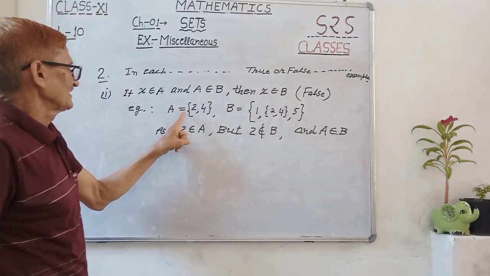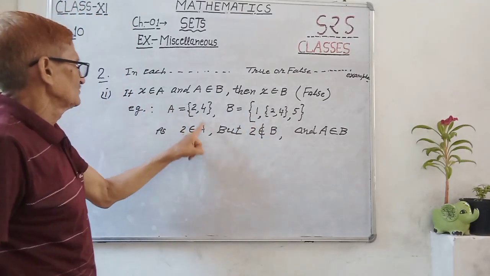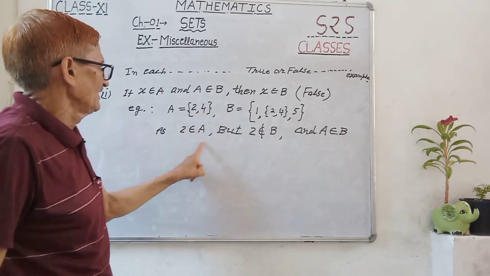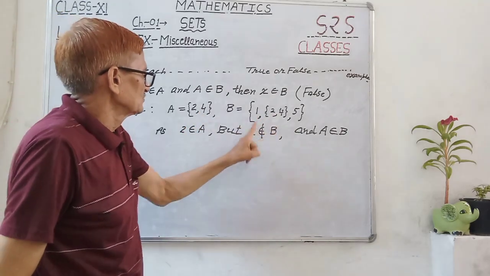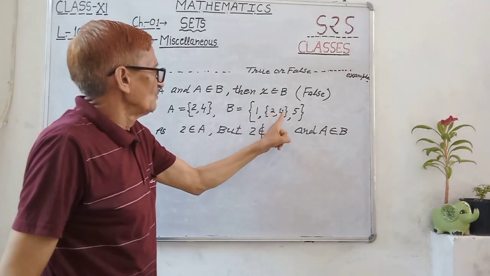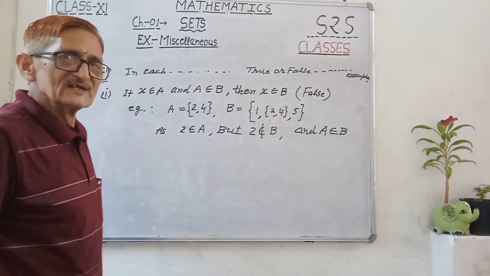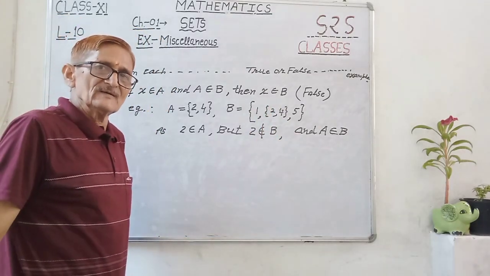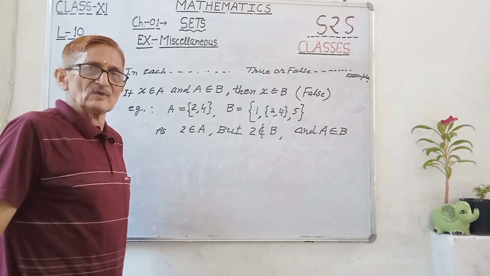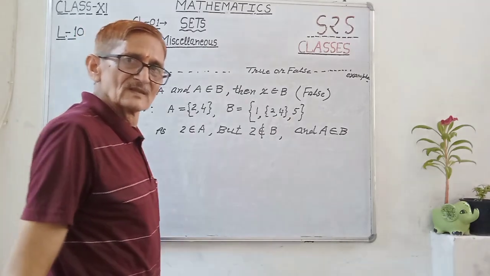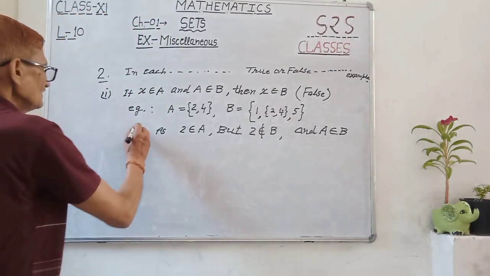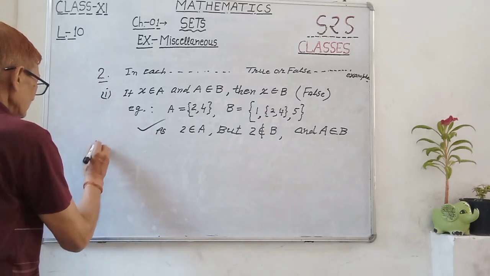And 2 we have taken as X belongs to A. Let 2 belong to A. Here 2 belongs to A, but 2 does not belong to B. Only the full set {2, 4}, set A, belongs to B. Only 2 does not belong to B. This is the example. Now the second part.